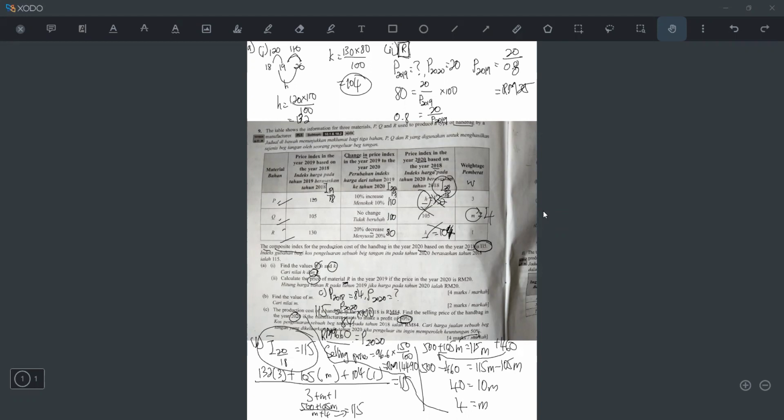Alright, okay, so I will only do until question 9 lah. There's still question 10, 11, and 12, but I think you can handle it by yourself lah.